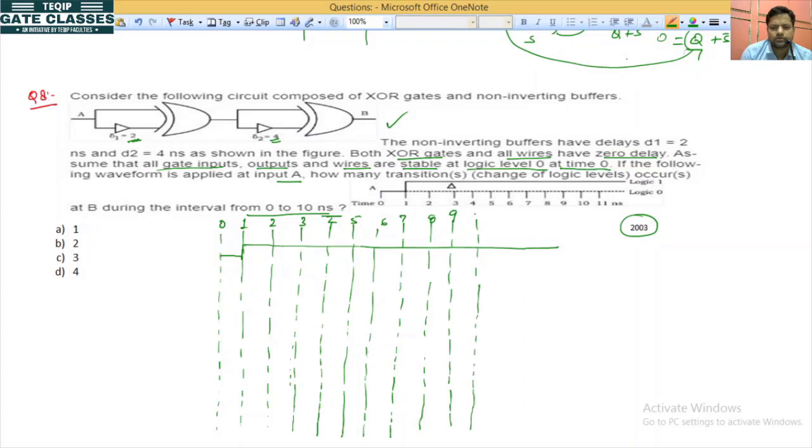This one will be 10 nanoseconds. This is 11 nanoseconds. Okay?